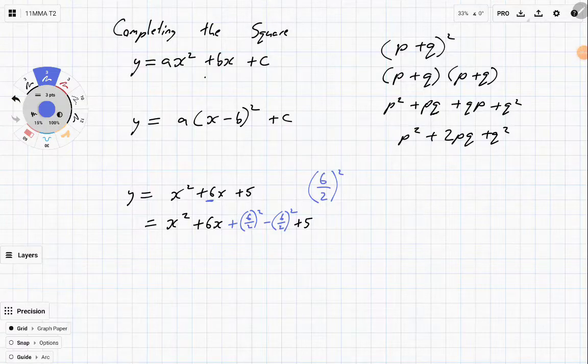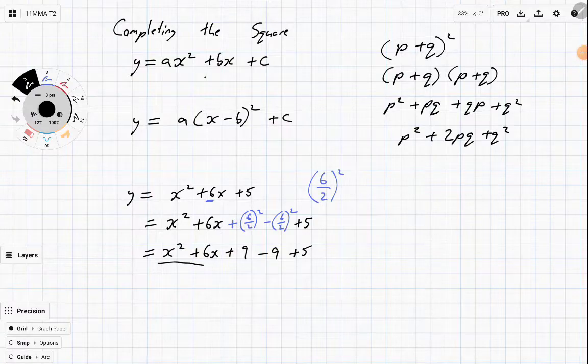Now let's have a look. What have I got? I've got x squared plus 6x plus, well, 6 over 2 is 3, 3 squared is 9, minus 9 plus 5. Hopefully you can agree I haven't actually added anything, because when I add 9 and subtract 9, you haven't added anything. But look at these 3 terms now.